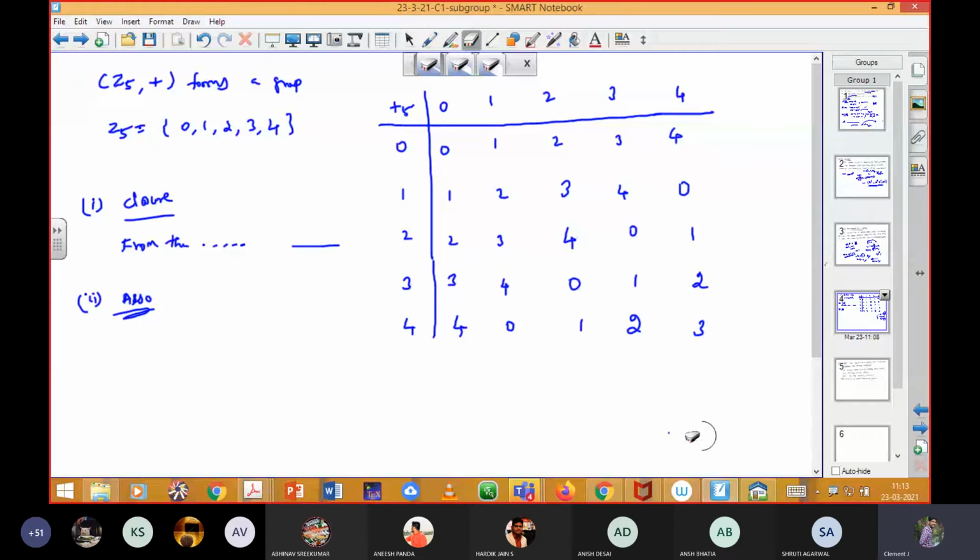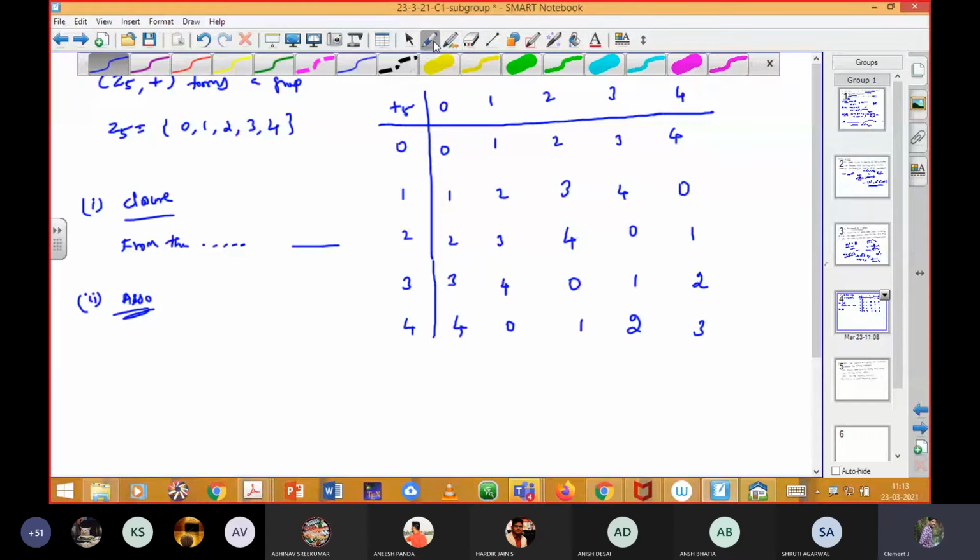So from this you can straight away mention in general from the table, associative axiom is also true. Now identity axiom. Since it is addition, can you just guess what the addition identity element will be? 0.